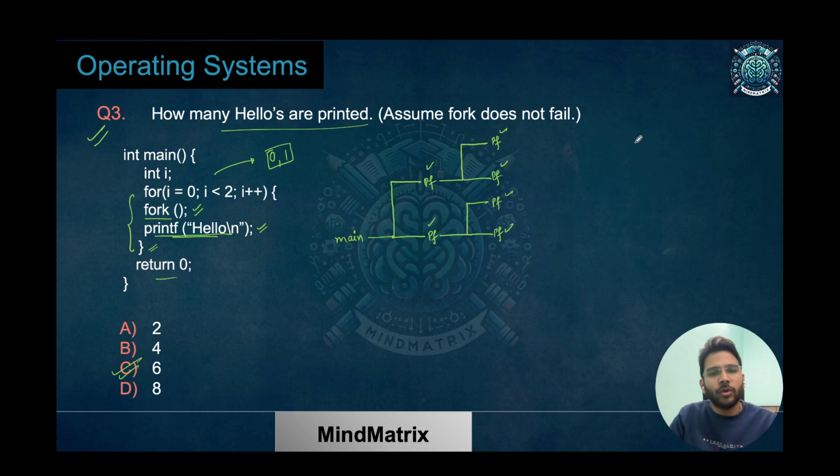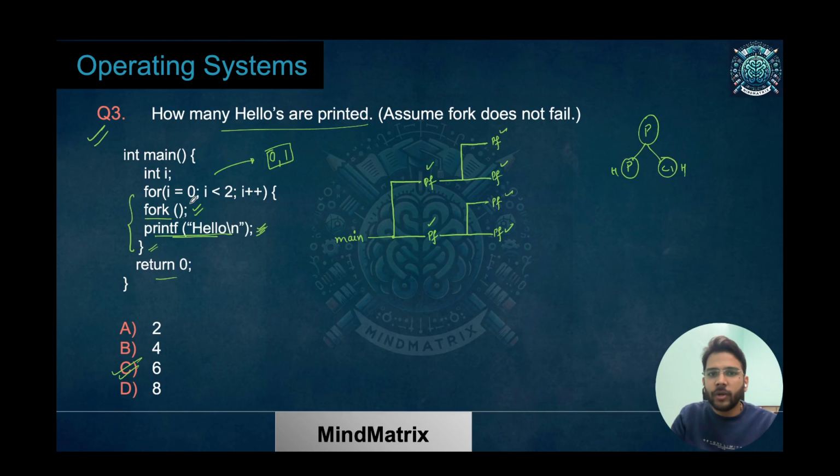Again, I'm telling you, you can use this tree based approach as well. So let's say you have process P. Now the first time the for loop is executing, fork system call. So here you have the parent process, its child is going to create C1, printf hello. So hello is going to print by both the processes.